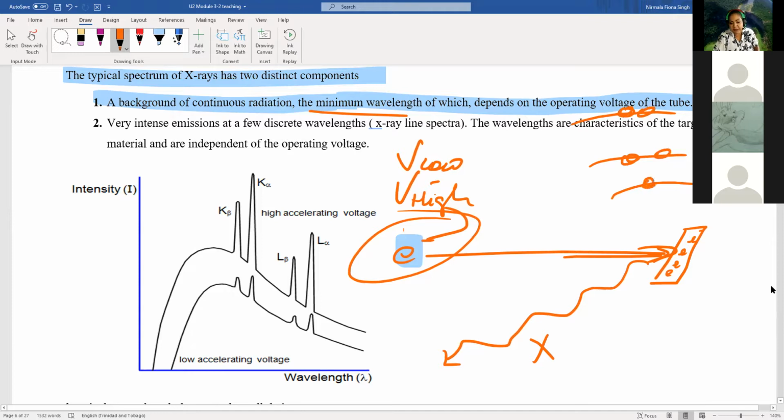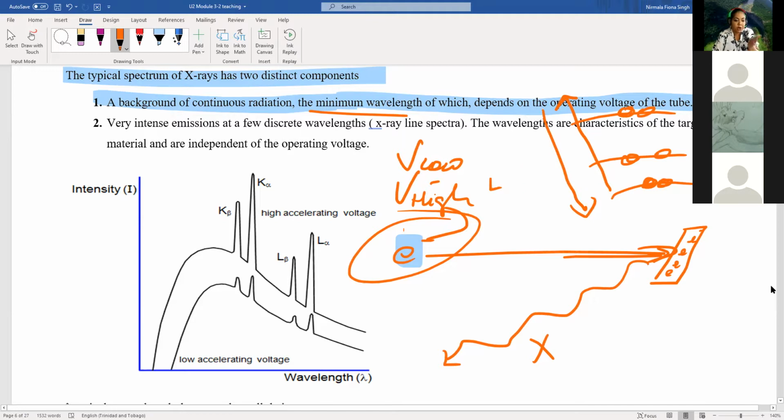That means the lower shell electrons, the ones closer to the nucleus, will also get excited. And if they get the lowest shell electron excited, they're going to rise up to another energy level, close to ionization. And because it's not getting enough energy to be ionized, it's going to fall back down and then emit an X-ray. That's all they do.